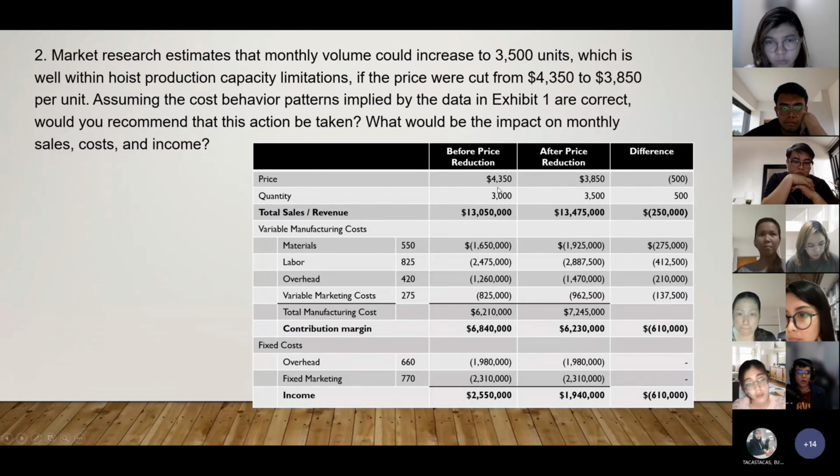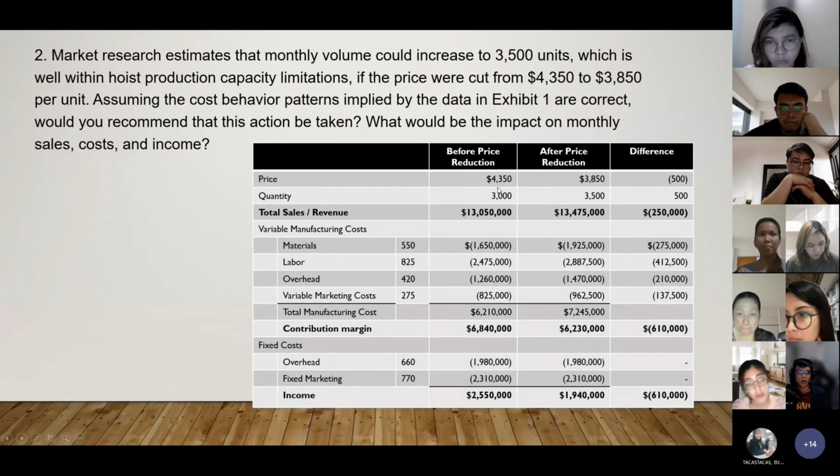So sa cost naman, our materials are 550 per material. Then labor, ito yung price niya. Overhead, 420 and our variable marketing cost is 275. So simply multiply it to the quantity. So 550 times 3,000, we're gonna get this. Labor, 825 times 3,000, gonna get this, and so on and so forth.